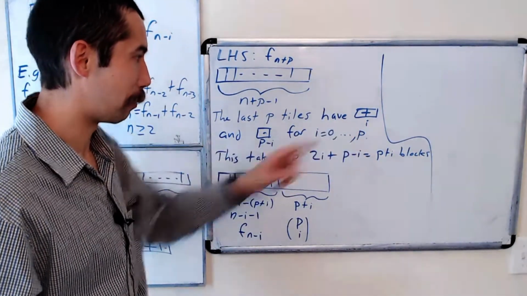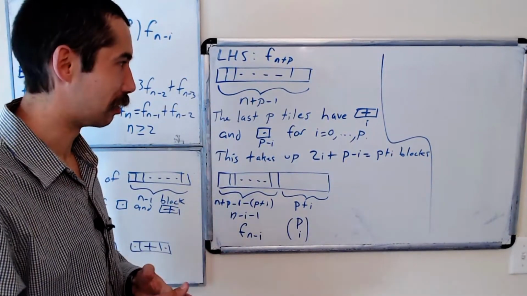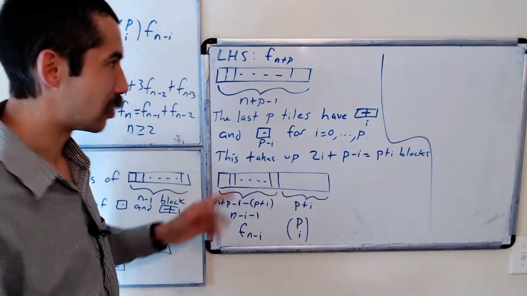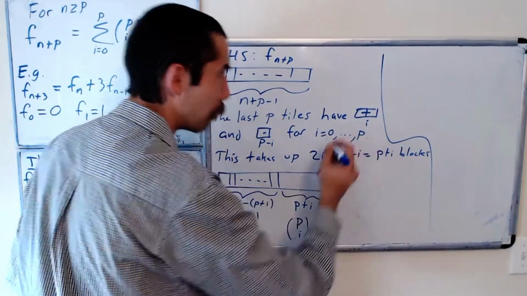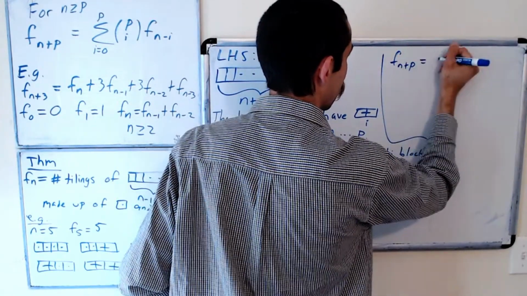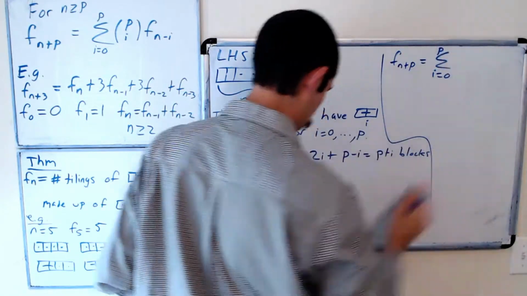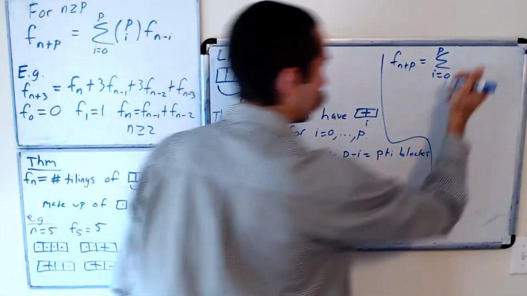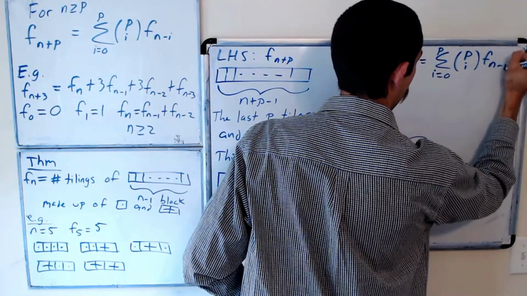You just count how many of the final p tiles are dominoes, and that gives you your appropriate value of i. And so this corresponds to the sum. And so we have that fn plus p is equal to, well, we sum over all the values of i, and then we do this product, p choose i, fn minus i.